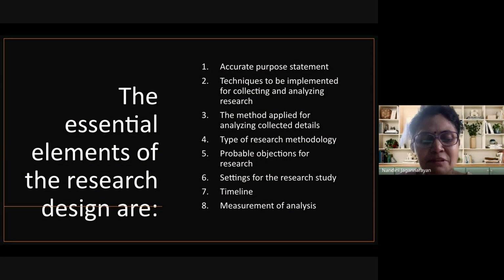Research methodology, keeping my objective of the study as its underlying basis, is going to discuss what the data source is. Is it primary or secondary? We will discuss in detail when we talk about primary and secondary. It will also say what kind of study it is.